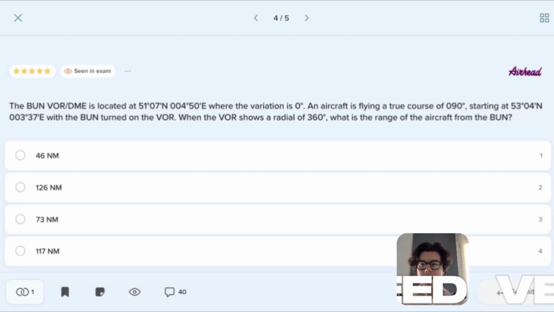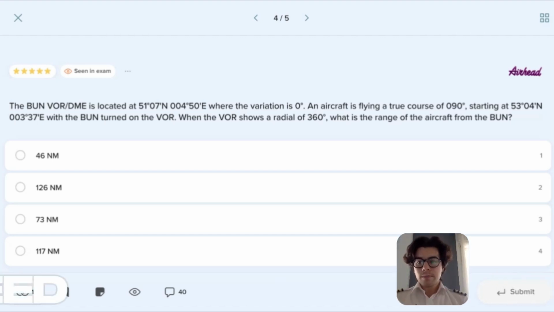So the next question is, there is a VOR and we're flying with a true course of 90 degrees starting at a certain latitude and longitude. When we are at radial 360, what is the range from the VOR to the aircraft? This question is actually extremely easy once you imagine everything and draw it out.